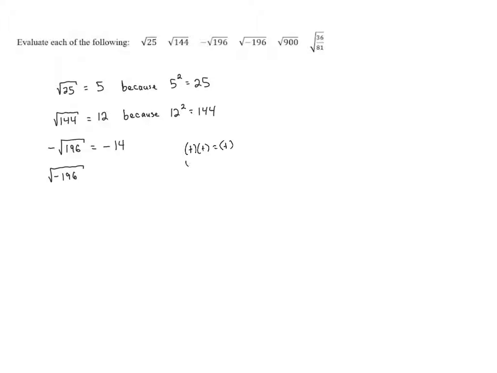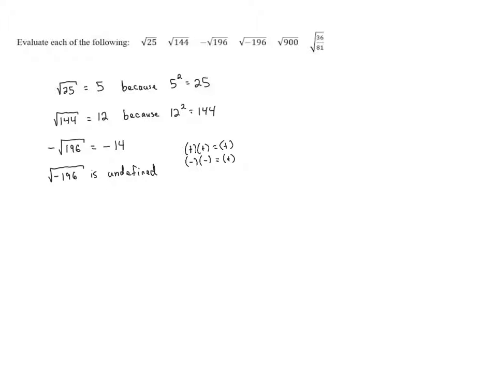And if we take a negative and square it, a negative times a negative is also a positive. So there's no way to square any real numbers and get a negative. So for right now, we're going to say that this is undefined. We cannot take the square root of a negative number.